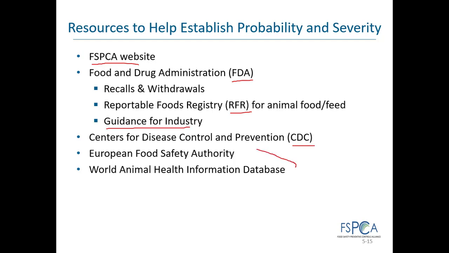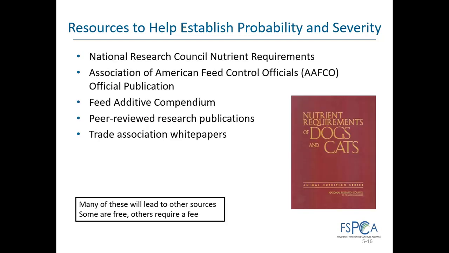If you're exporting or importing to the U.S., European Food Safety Authority or World Animal Health Information Database might be a good place to go. The AAFCO official publication has a bunch of good information in it that can help you with this stuff. The NRC nutrient requirements, feed additive compendium, peer-reviewed research publications, and trade association white papers.